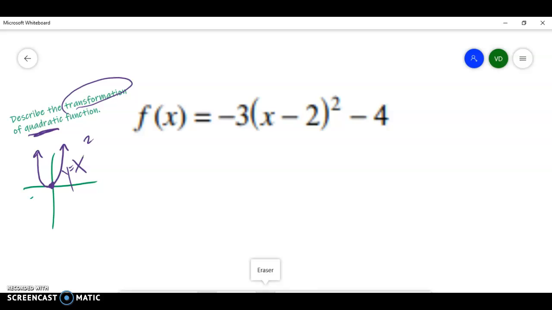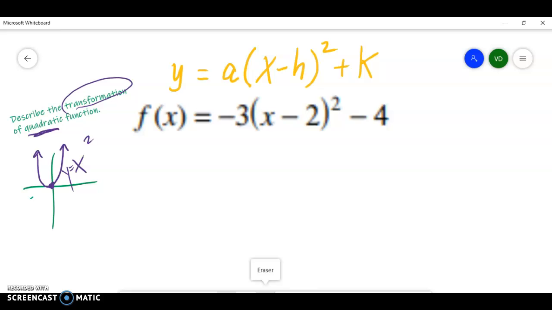When I look at this example that I'm displaying, I know that this is vertex form because the equation for vertex form looks like this: y equals, that's the same as f of x, equals a times parentheses x minus h squared plus k.